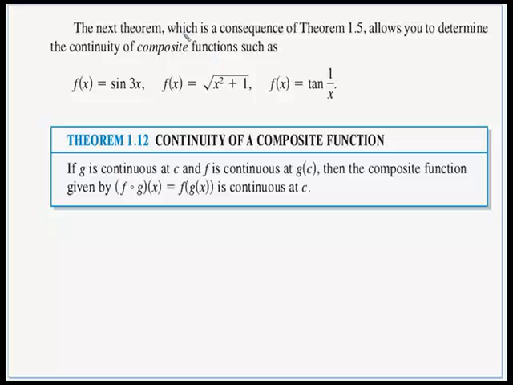And the next theorem, which is a consequence of Theorem 1.5, allows us to determine the continuity of composite functions. So here now it is not just sine of x, it's sine of 3x. 3x is continuous, sine is continuous, so the composite is continuous. Here we have under the radical x squared plus 1, and that's composed with the square root function.